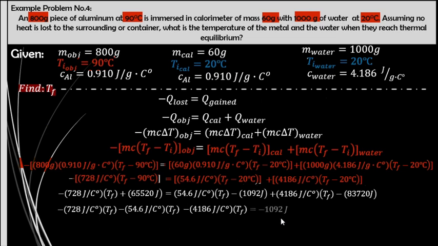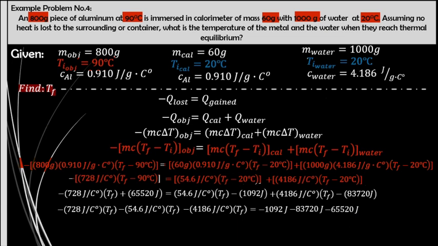So that is negative 1092 joule minus 83,720 joule minus 65,520 joule.